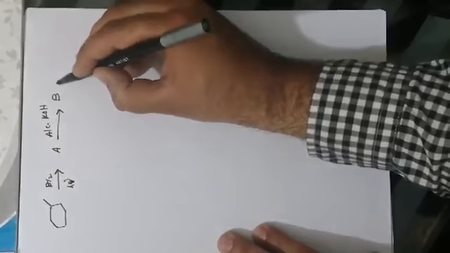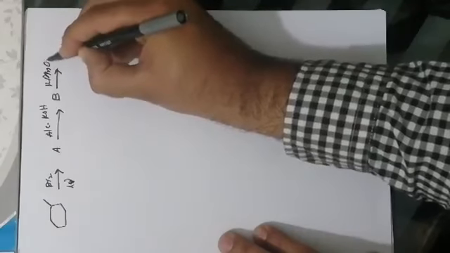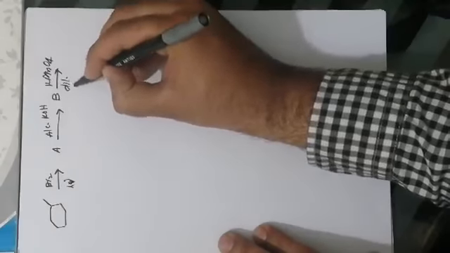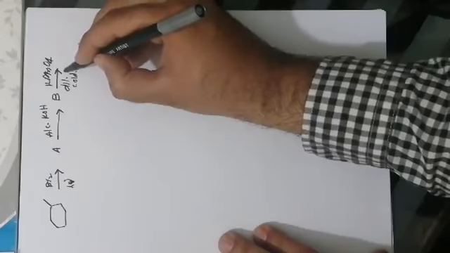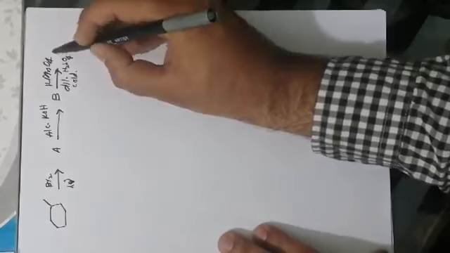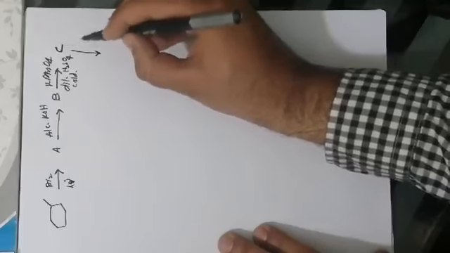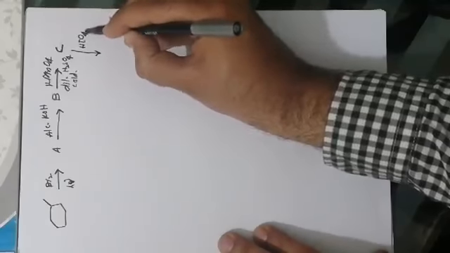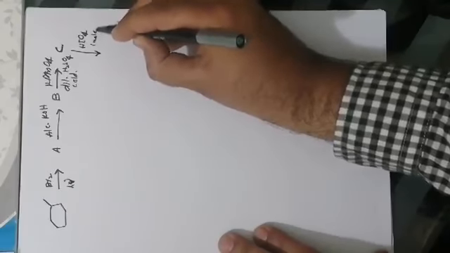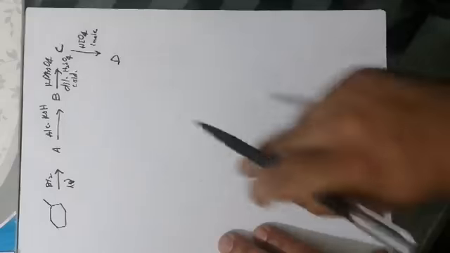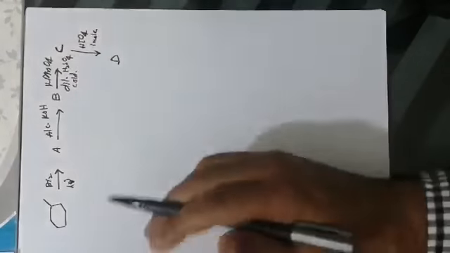We get the compound B. And when it is reacted with KMnO4 in dilute cold conditions, you get C. And when the C reacts with periodic acid, 1 mole, remember, 1 mole, then you get compound D. So then you will have to tell me what are these compounds A, B, C and D.